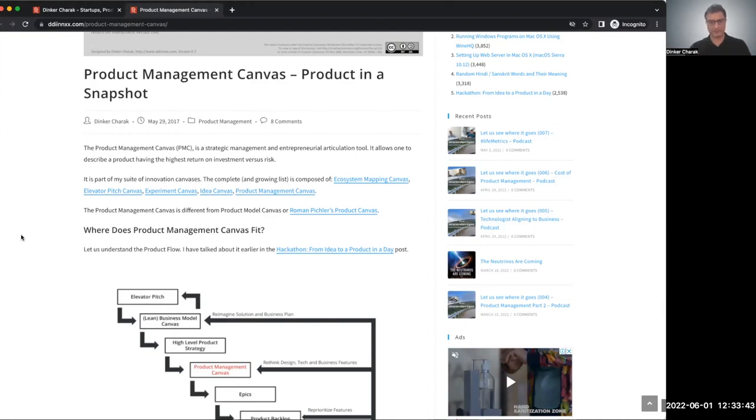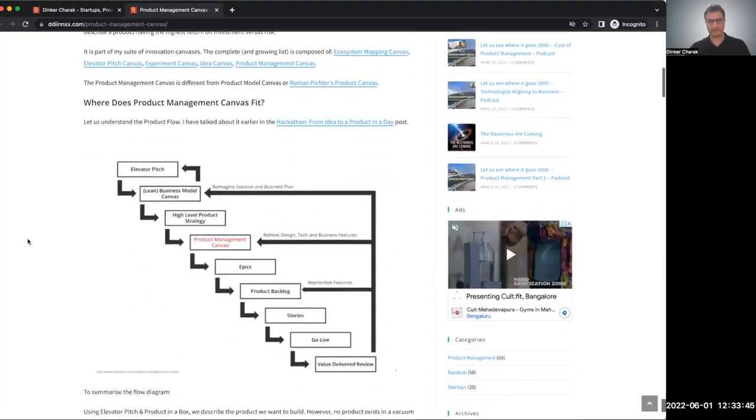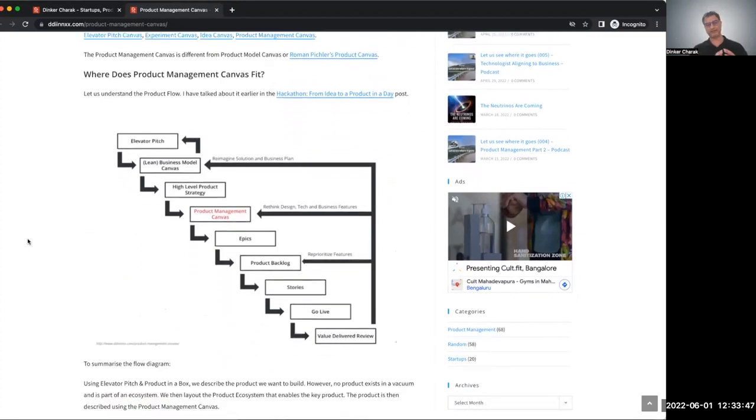So from that perspective, if you look at the flow of an idea to a product, and then all the feedback that comes in for us to learn from the market, the elevator pitch is a very popular technique, and there are canvases around it for those who are struggling with coming up with an elevator pitch.